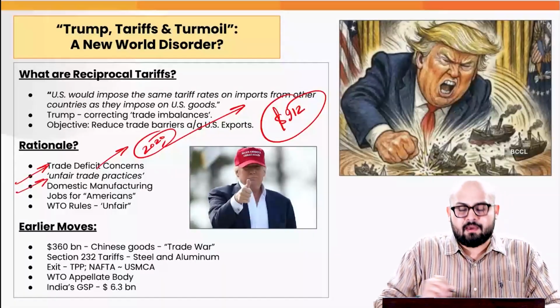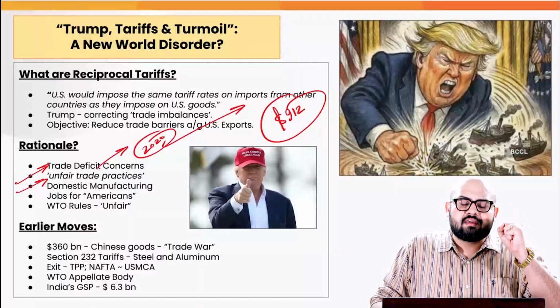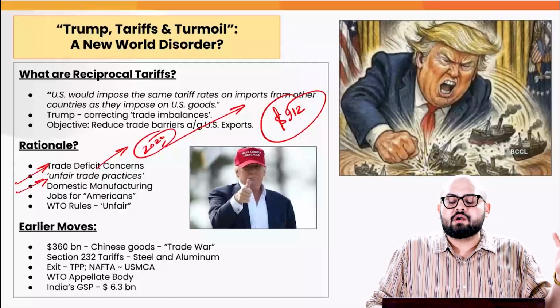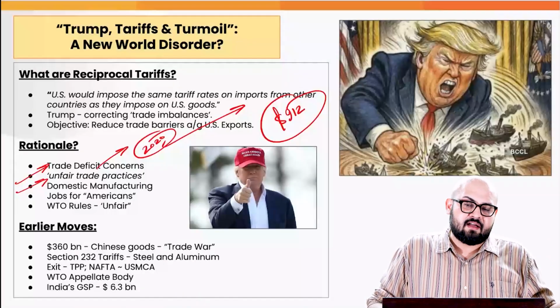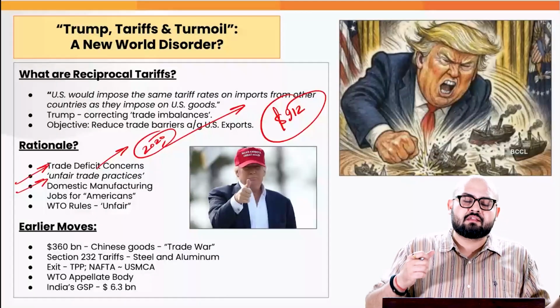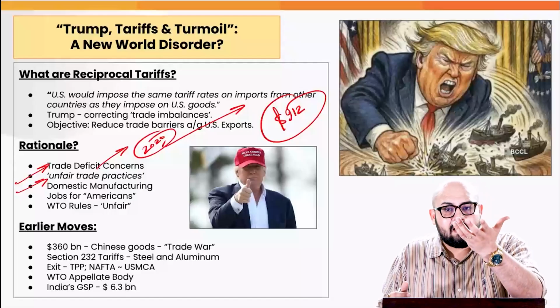Next is domestic manufacturing. Trump is trying to give impetus to domestic manufacturing. Initially, the US was a global powerhouse with respect to manufacturing. Then slowly, as the cost of manufacturing increased in the US, the companies transitioned to different countries around the world, primarily China, right?